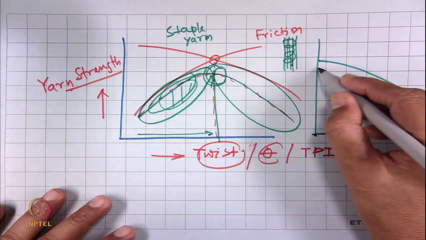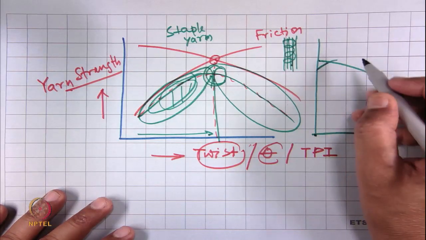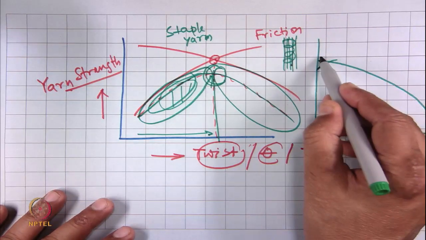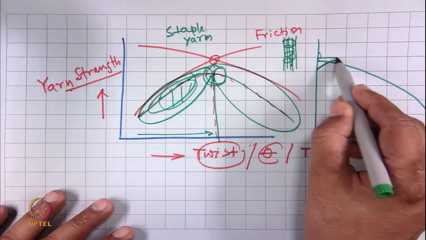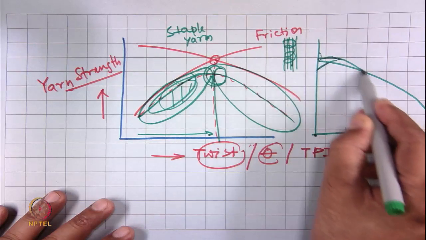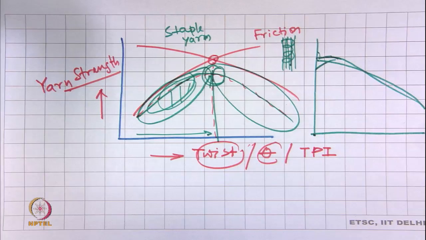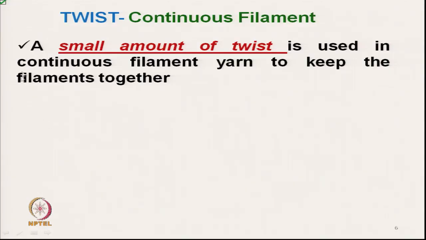That will increase the strength a little bit. That is why the nature of the curve is like this. Initially there will be a small increase, then it will drop. That is the case for continuous filament.